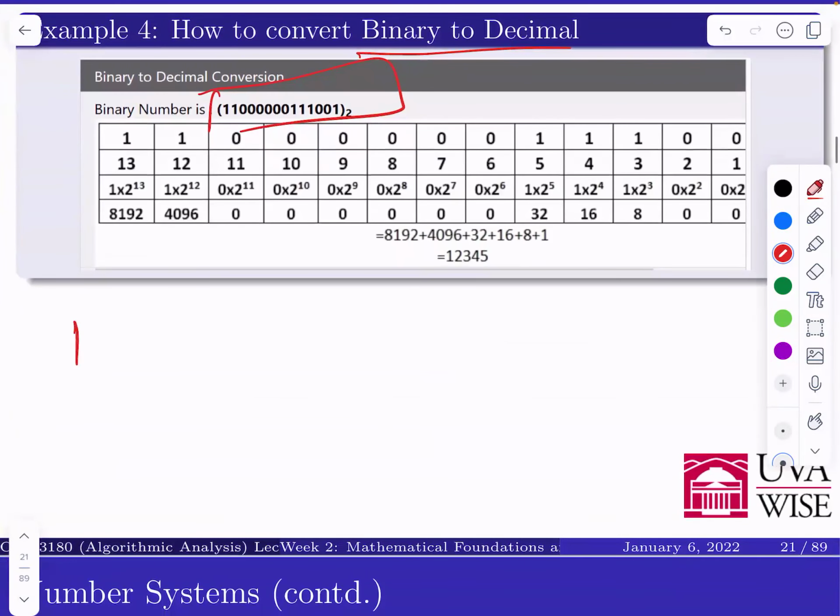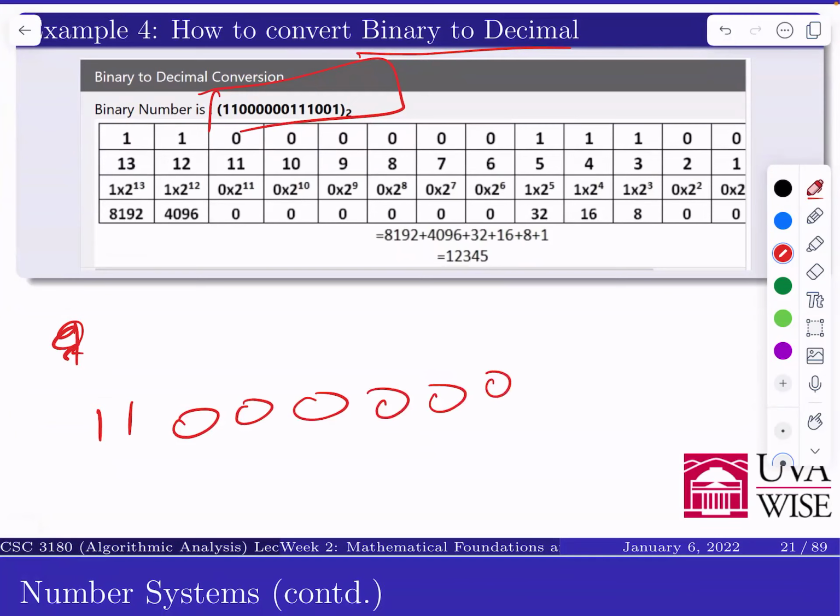So if you have 1, 1, how many zeros? 1, 2, 3, 4, 5, 6, 1, 1, 1, 0. This is base 2. That's a very big number. Now, all you have to do is start putting an index on top of this number, starting from the right.